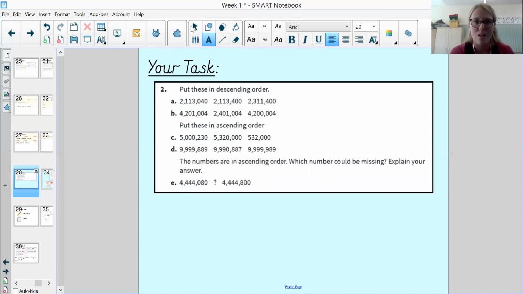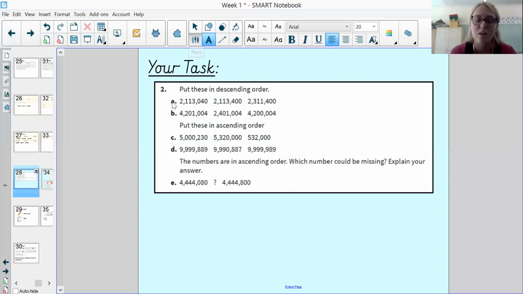Okay, so answer time. So the first one says, put these in descending order. Remind me what descending means? Excellent. So descending is going from biggest to smallest, okay? So this first one, the 3 numbers we've got are 2,113,040, 2,113,400, and 2,311,400.